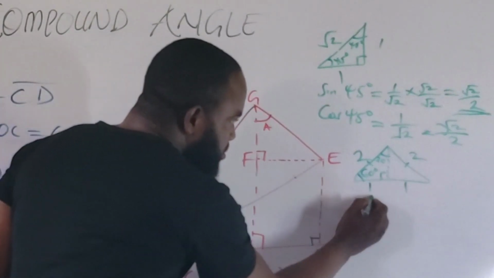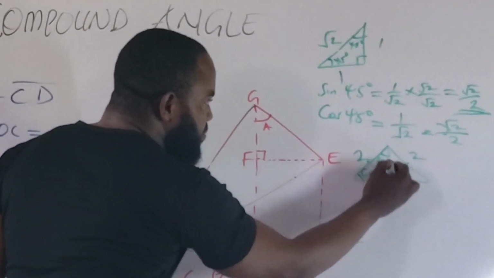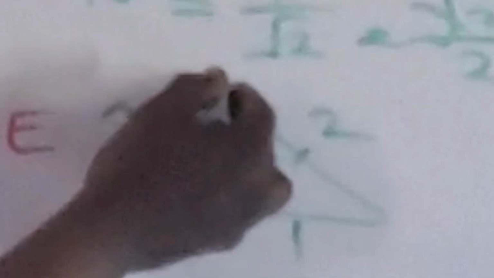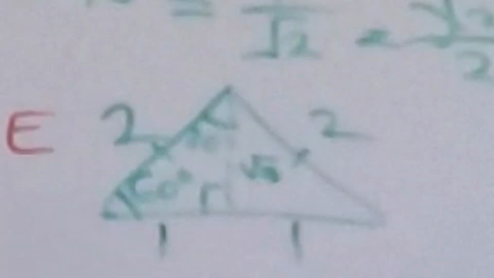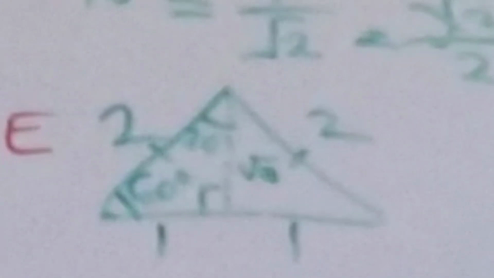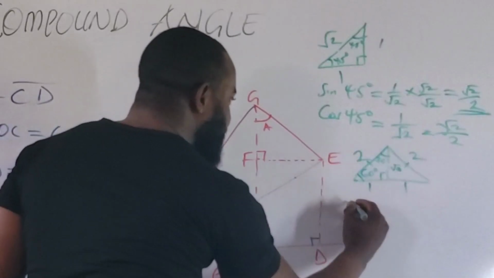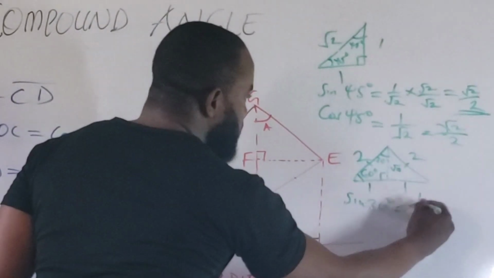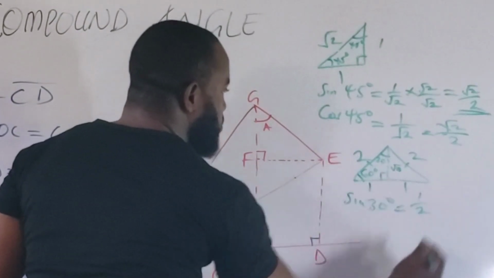By Pythagoras theorem, you have this perpendicular here being square root of 3, right? You will take this line and this line, okay? And input them into Pythagoras theorem. And from here, we have sine of 30 degree is opposite, 1, over hypotenuse 2, right?